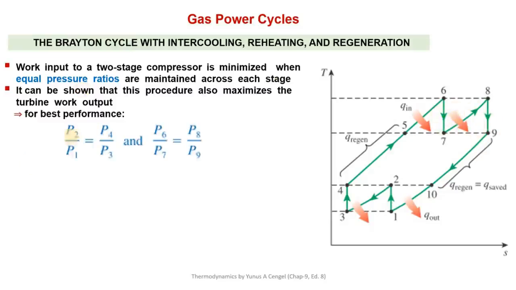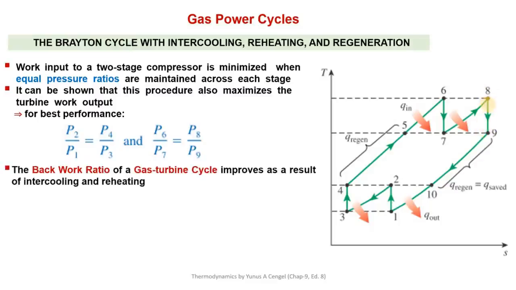So it means for best performance P2 by P1 should be equal to P4 by P3, and similarly P6 by P7, the pressure drop in turbine 1, should be equal to P8 by P9, which represents the pressure ratio in the second turbine.